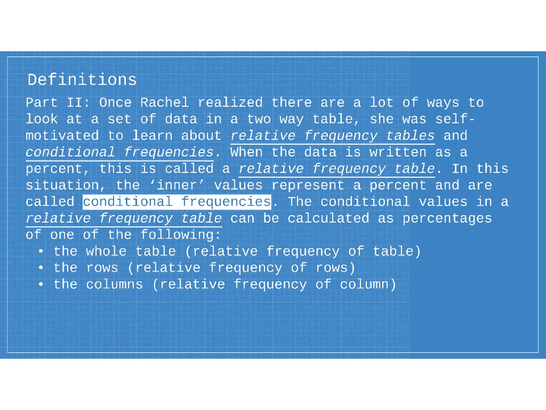And the conditional values in the relative frequency table can be calculated as percentages of the following: the whole table, which is relative frequency of the table, so pay attention to terminology here. The rows, so it's relative frequency of the rows, and the columns, so relative frequency of the columns. So it can be broken down into 3 distinct cases.